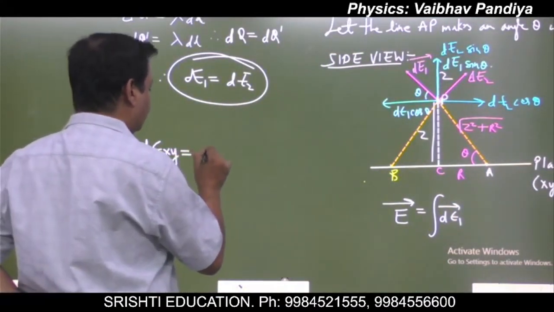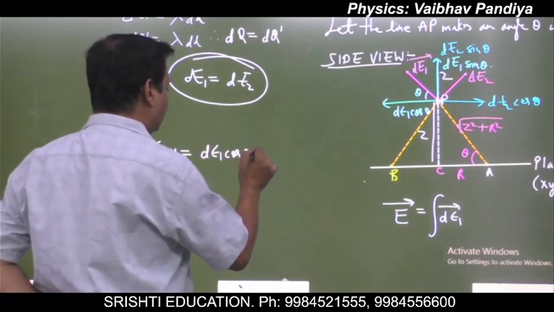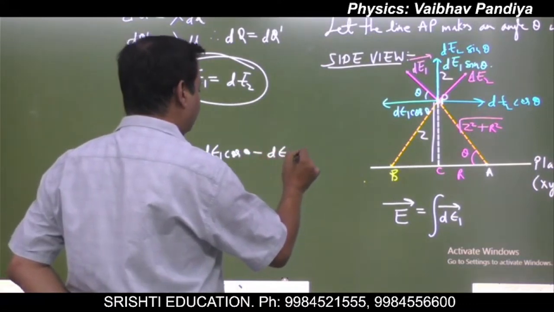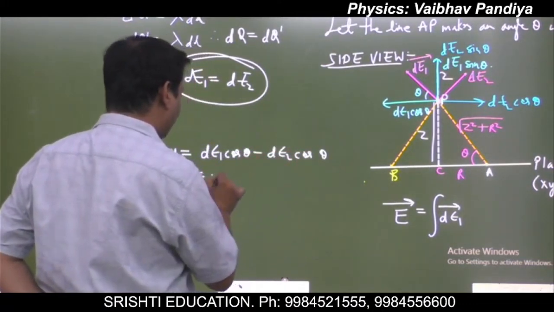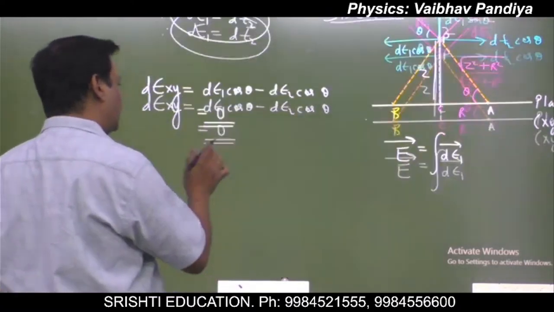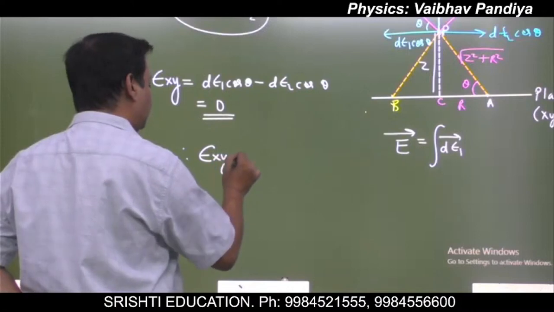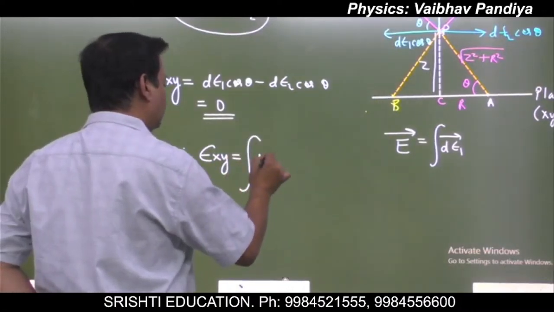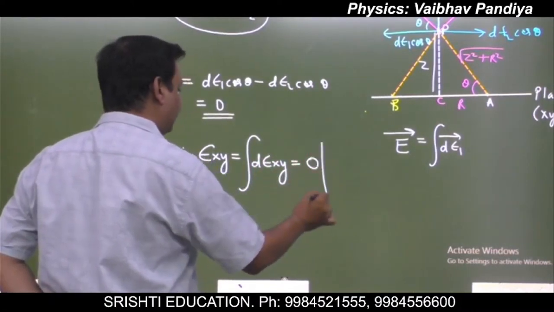You can write dE1 cos theta minus dE2 cos theta. The answer will be 0. There will be no component in the xy plane. So the net field in the xy plane will be the integral of dE_xy, so the answer will be 0. No field in the xy plane.